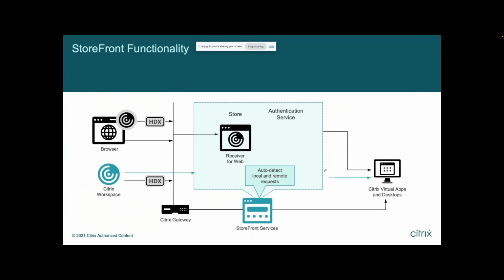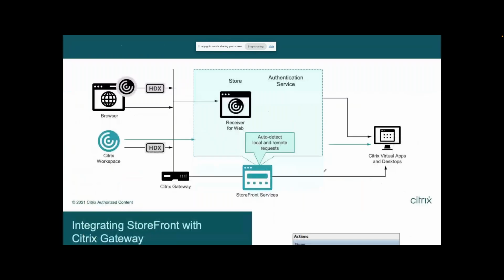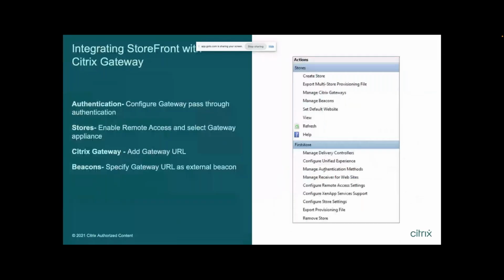And then in the storefront, you have to configure your authentication to get pass through, configure gateway pass through, and then add the gateway here. You're going to add the gateway URL right here, and after that you're going to enable the remote access.